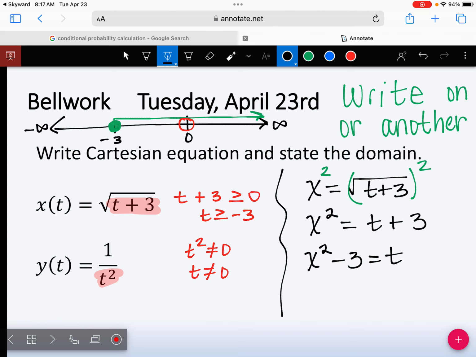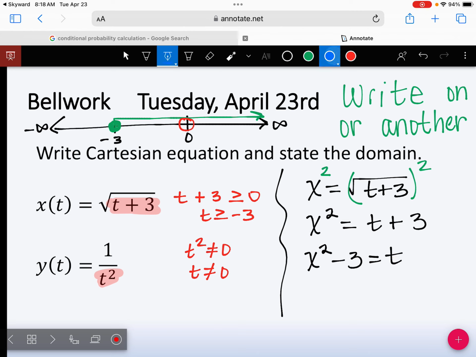So x squared minus 3 equals t. And now you're ready to take that and substitute it into your y parameter. Any questions about how I got to here? How I solved this and got this?